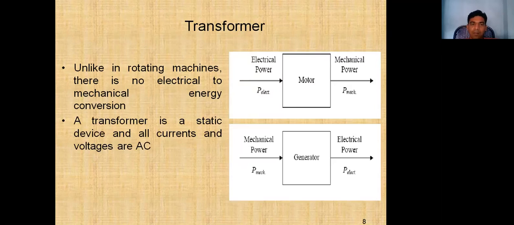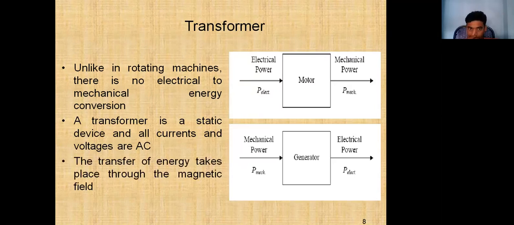A transformer is a static device and all currents and voltages are AC. The transfer of energy takes place through the magnetic field.